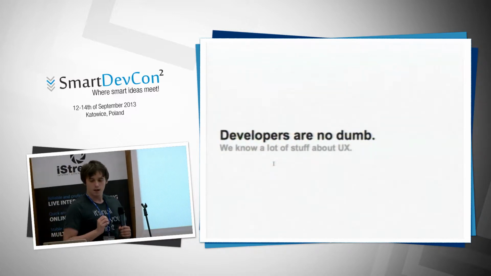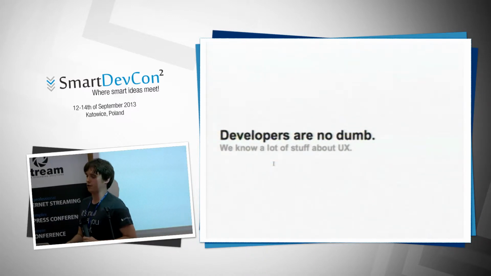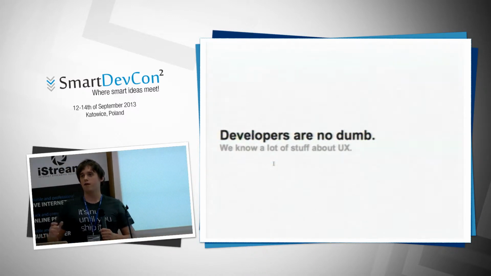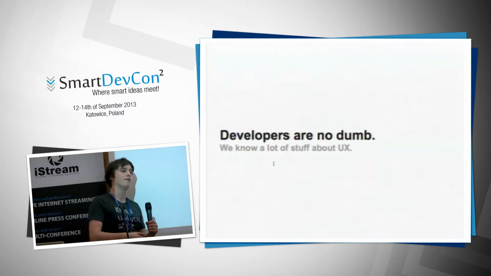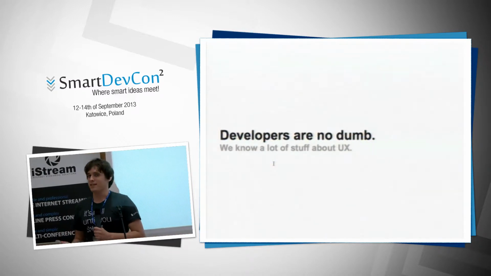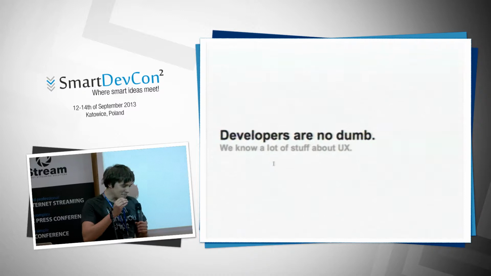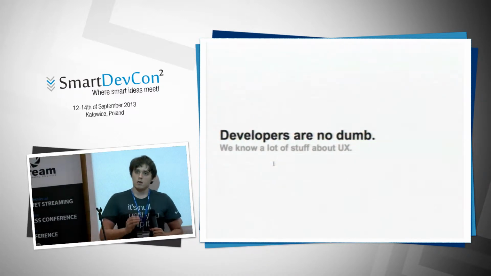So developers are not dumb, right? I know that socially a programmer is recognized as a person who sits the whole day in front of a computer with big glasses and a shirt. And yeah, maybe it's a little true, but developers know a lot about UX.